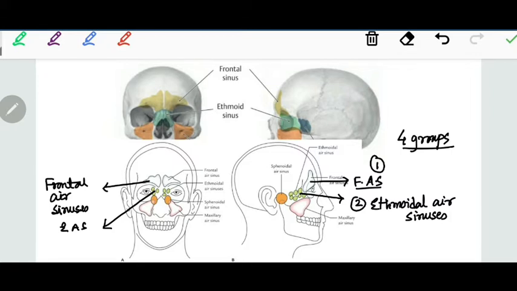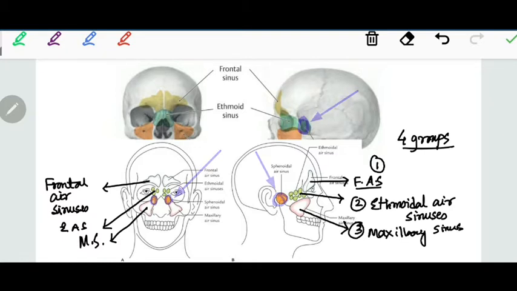Next are the maxillary air sinuses, present in the maxilla. And the fourth type is the sphenoidal air sinuses, present in the sphenoid bone.